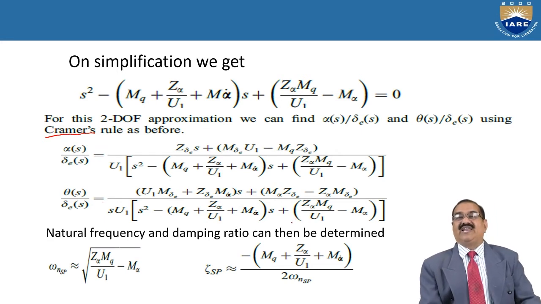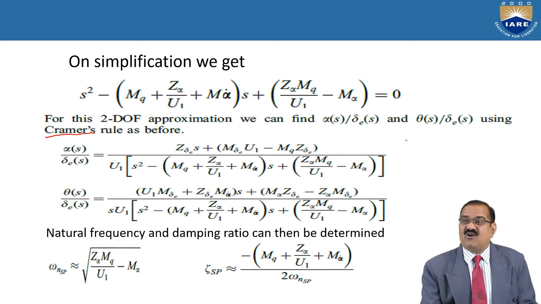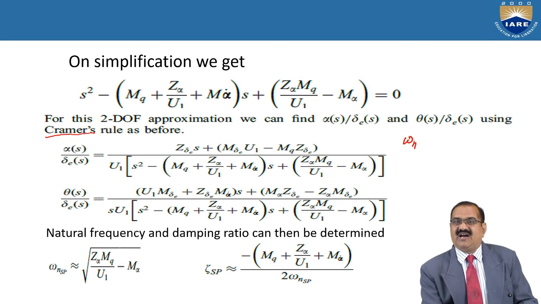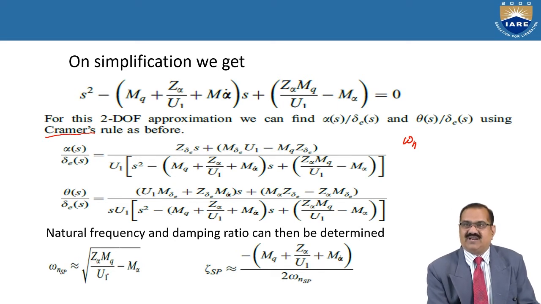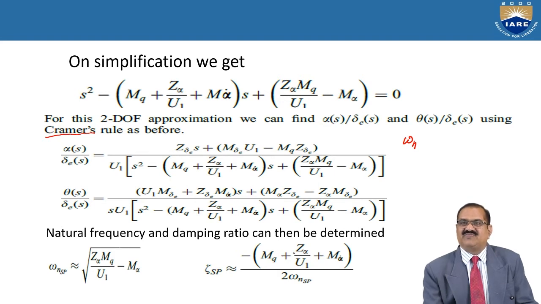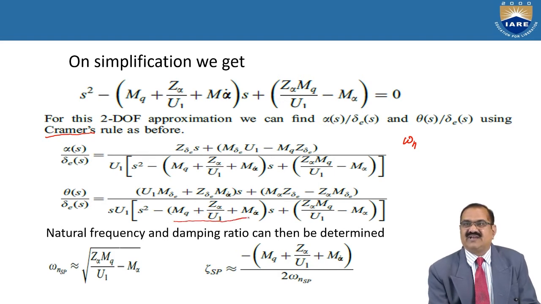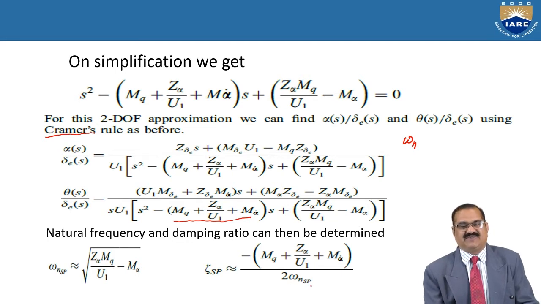So how do we now find the natural frequency? By finding this natural frequency omega n, we can find from here that omega n SP, where SP means short period, is equal to the square root of (Z alpha M_q by U1 minus M alpha), and the damping ratio zeta for short period is equal to minus (M_q plus Z alpha by U1 plus M alpha dot) divided by 2 omega n SP.